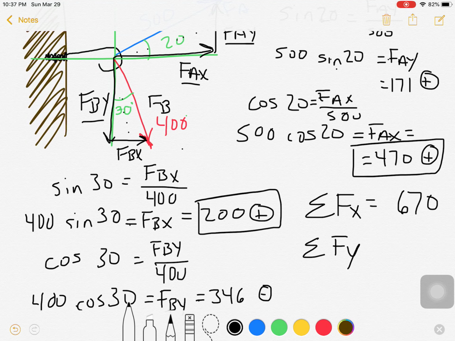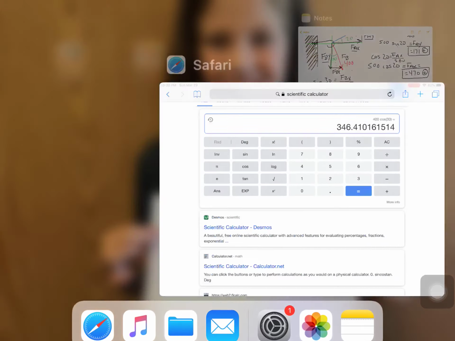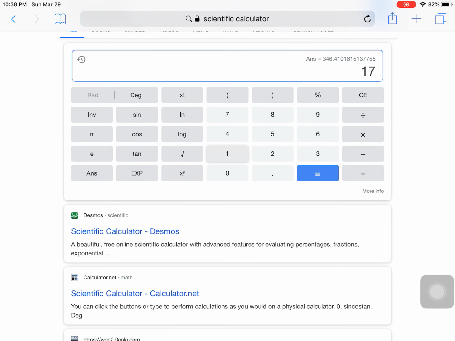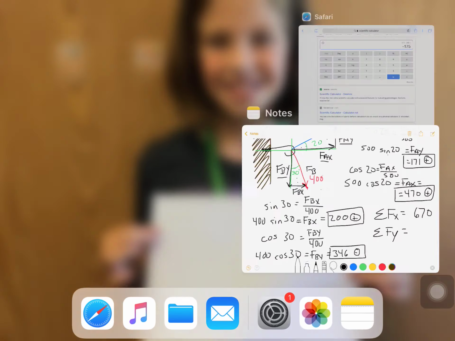So we had 171 and negative 346. So 171 and negative 346 gives negative 175.